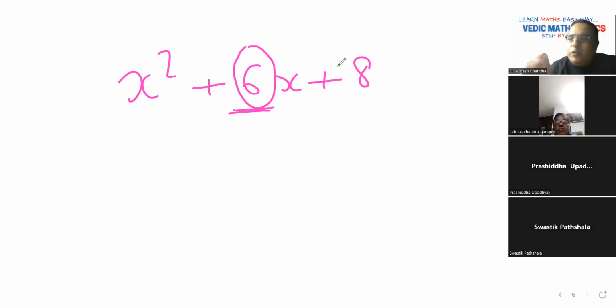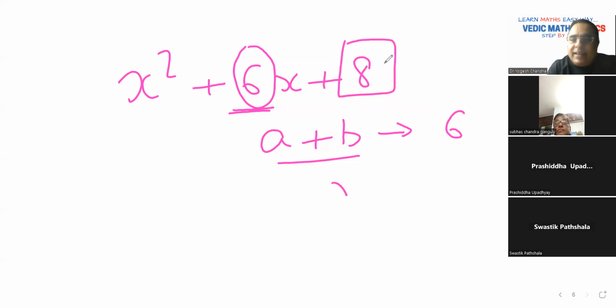We need two numbers whose sum should be 6, so a and b should sum to 6. At the same time, their product should be 8. We just need to understand this much. If we need two numbers with sum 6 and product 8, your work is done.